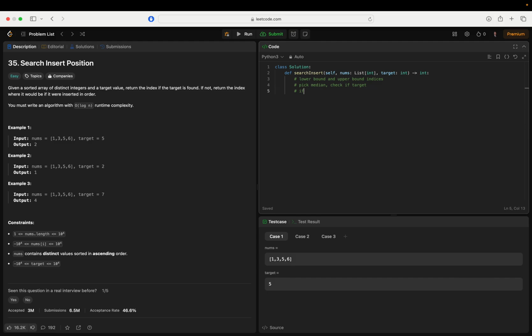And if not, update lower bound if target too low, upper bound if target too high. And if lower and upper ever cross, stop.